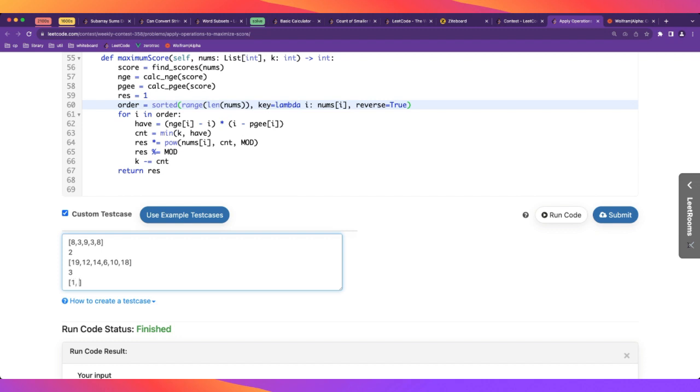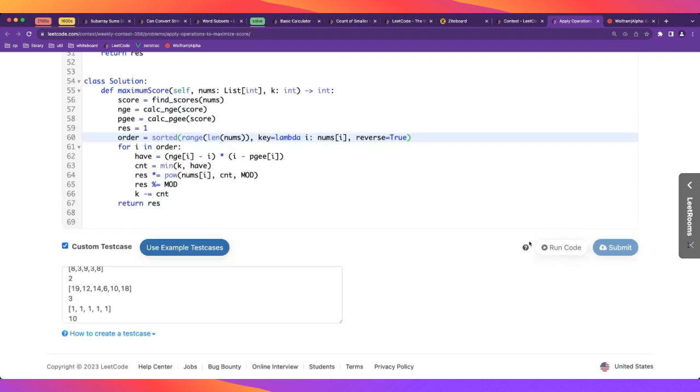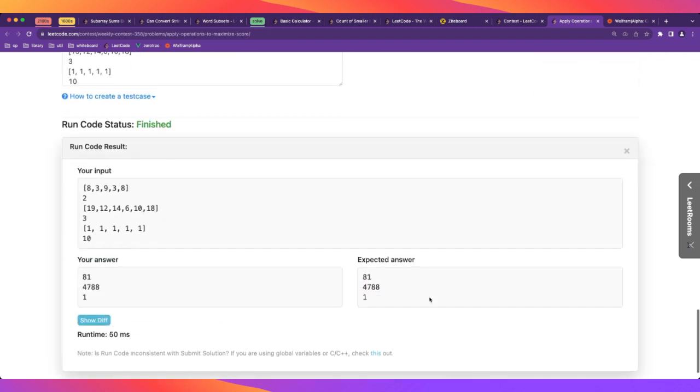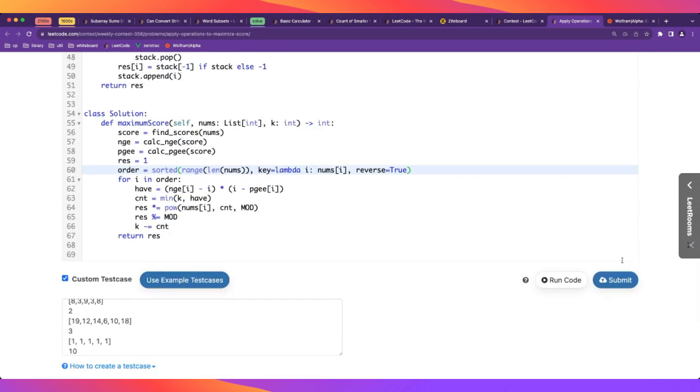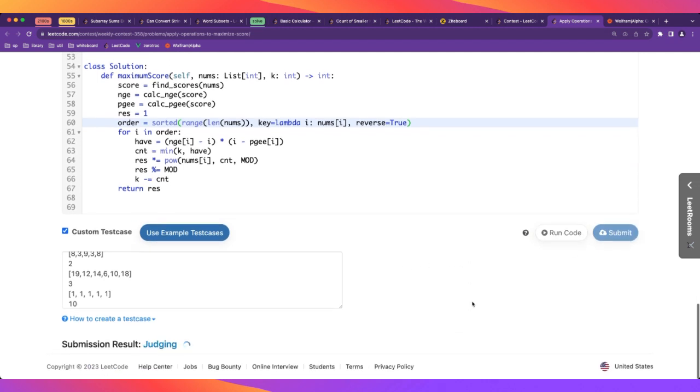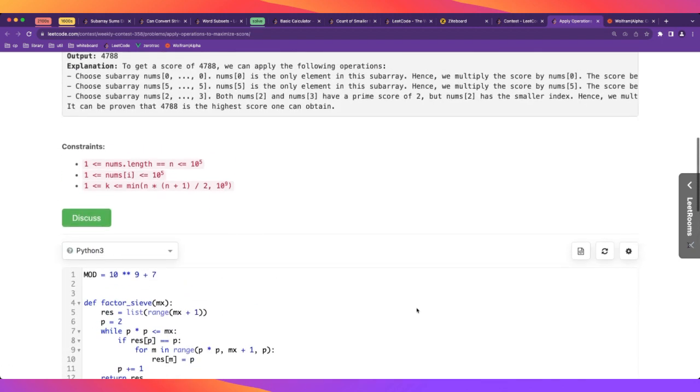No, I guess not. Well, I mean, we can always try. Okay, so here they give you the expected answer, but I think during the contest they don't. In any case, since we're only multiplying by 1, it's obviously going to be 1. So let's try our luck. Accepted. Cool.